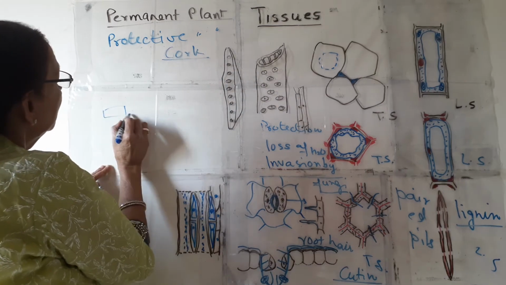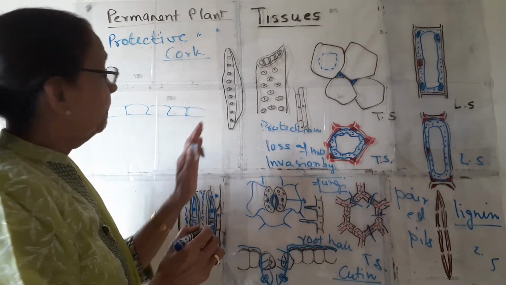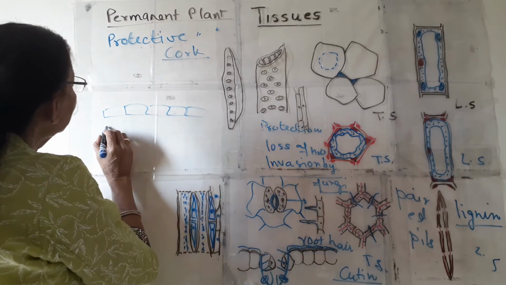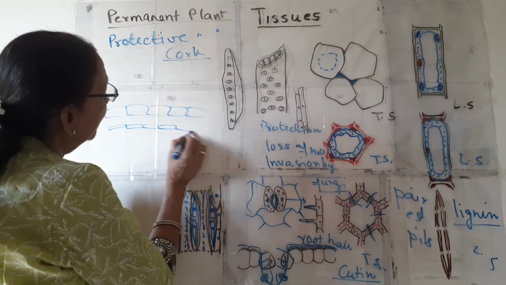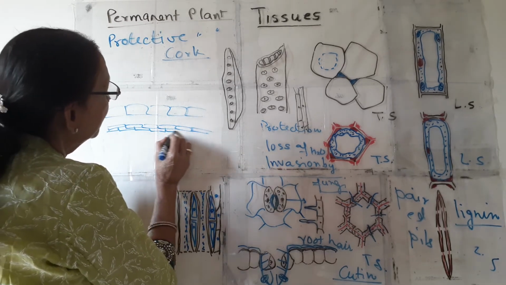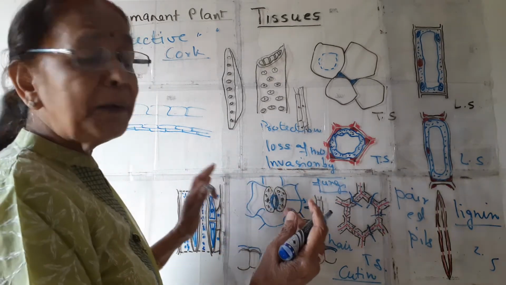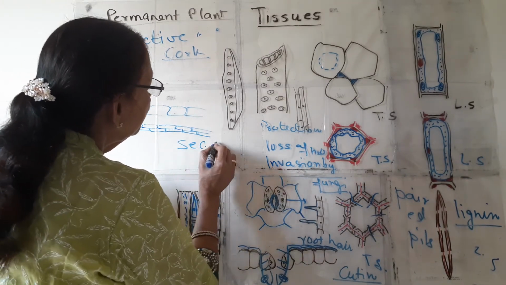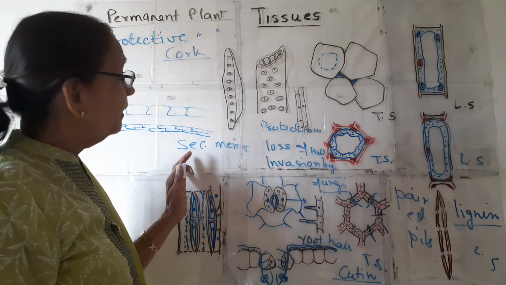So, in mature plants, suppose this is the line of epidermal cells. Below this epidermal cell, a layer of meristematic tissue is developed. This is meristematic tissue. As it is developed later in the life of the plant, that's why it is known as secondary meristematic tissue.